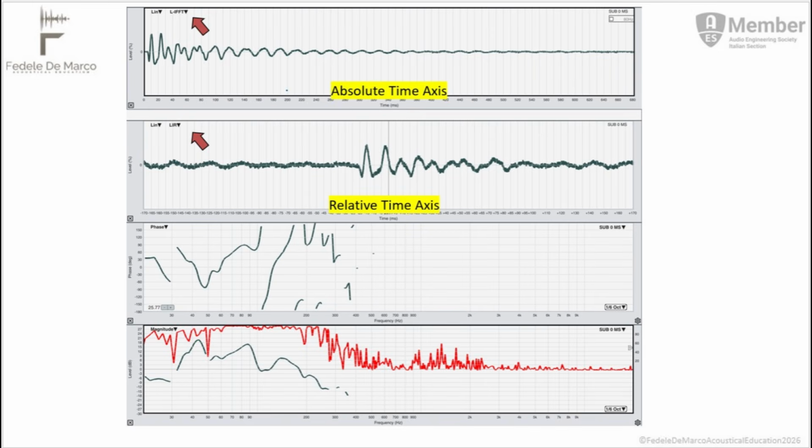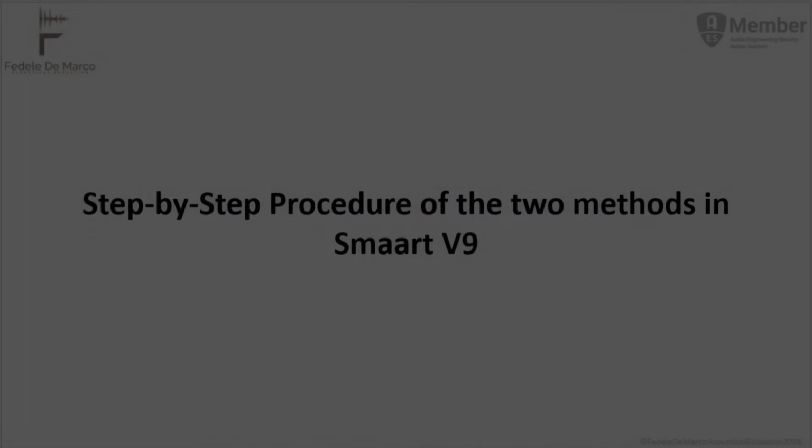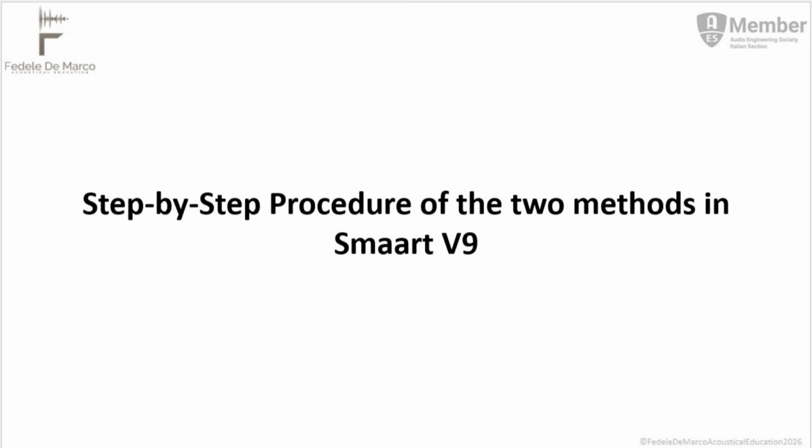This mode offers a stable reading with a high SN ratio, making it very precise. Two, LIR. This is the classic live IR with a relative time axis. However, it is less stable and has a lower SN ratio compared to the first one. And now, I will explain the step-by-step procedure in Smaart.